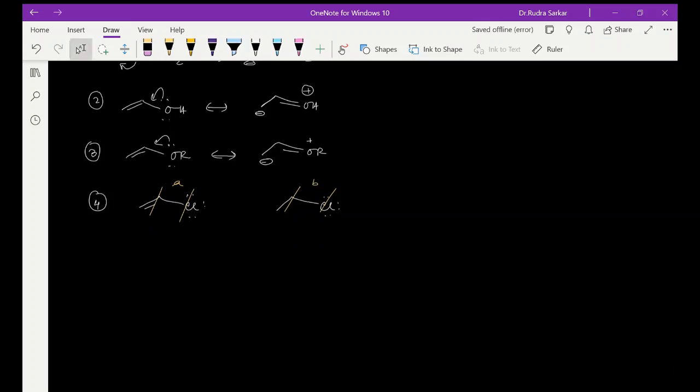So in that case, one has to remember, since there is a donation happening like that, in case of a vinyl chloride, there is some amount of double bond character for the A, and so we will say these are shorter. In other words, A is shorter than B. Okay.